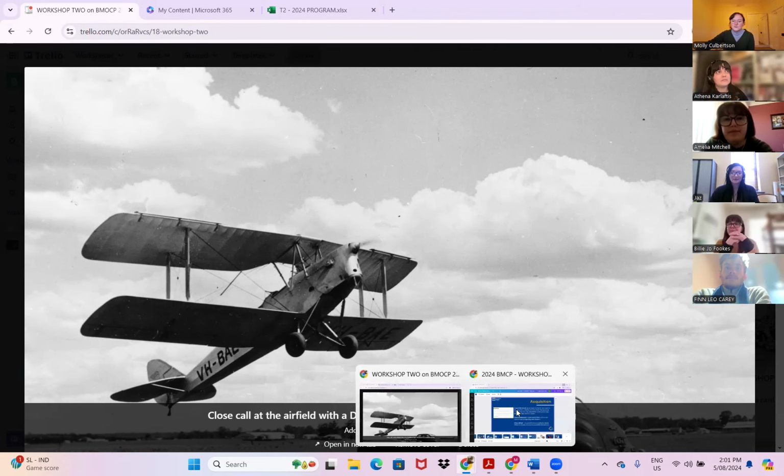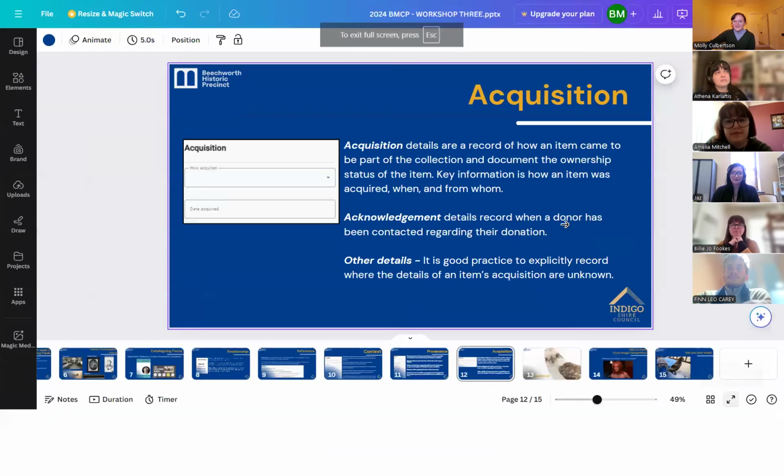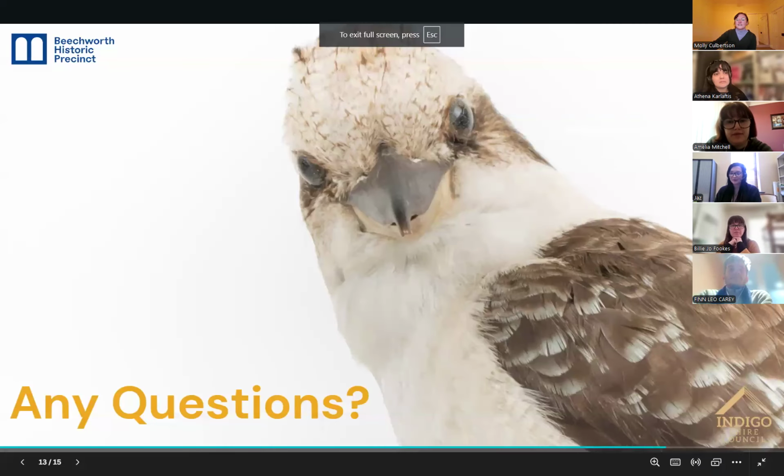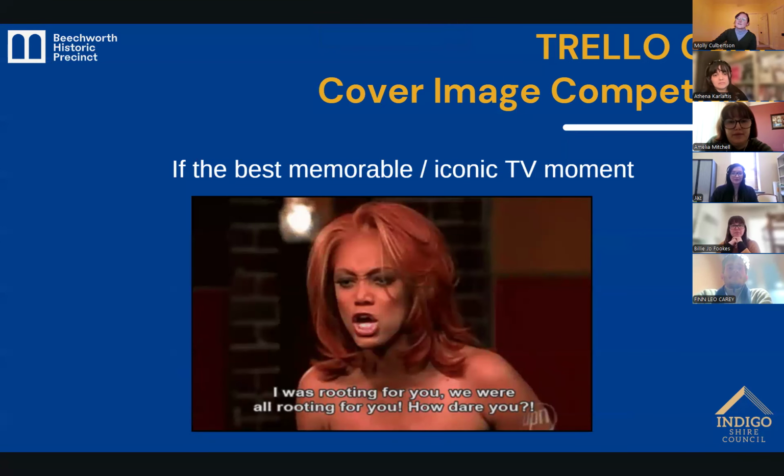But I will also give you your next image. I thought it might be good, and maybe it's a little bit outdated, but I still think Netflix and the streaming platforms count as TV. If you would like to pick something that's the most memorable or iconic TV moment for next week's competition, that would be fantastic.